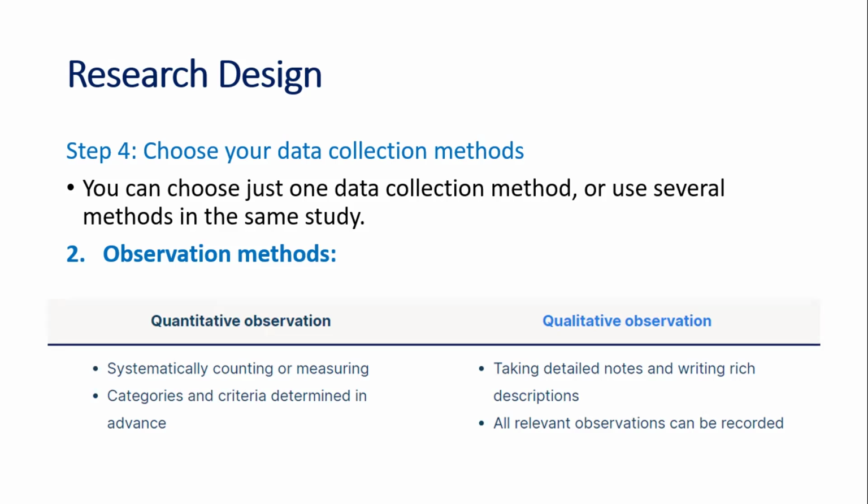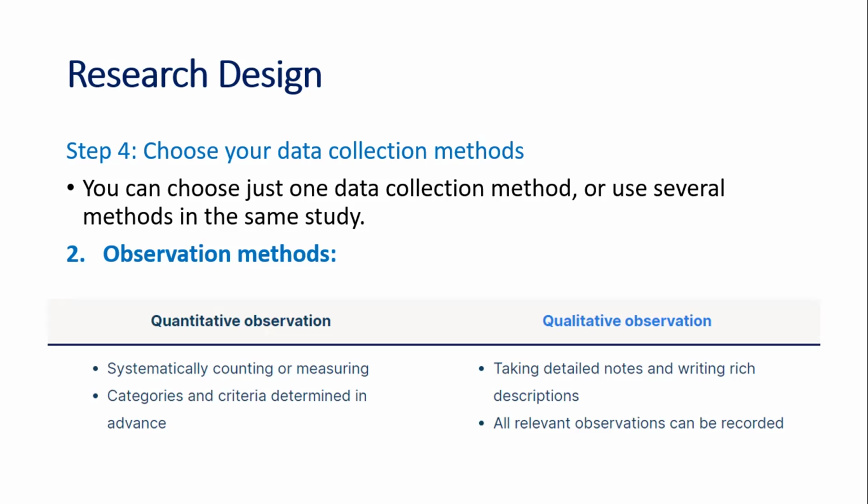So in quantitative observation, you are systematically counting or measuring, with categories and criteria determined in advance. On the other hand, in qualitative observation, you take detailed notes and write rich descriptions. All relevant observations can be recorded.